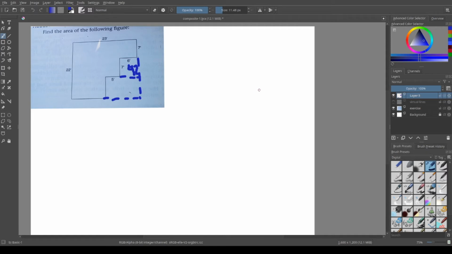Now, based on that, I got my other rectangle. This side is 5. This side is 6. So I add 5 plus 6. That equals simply 11. So this side is 11. I'll call it 11 feet.